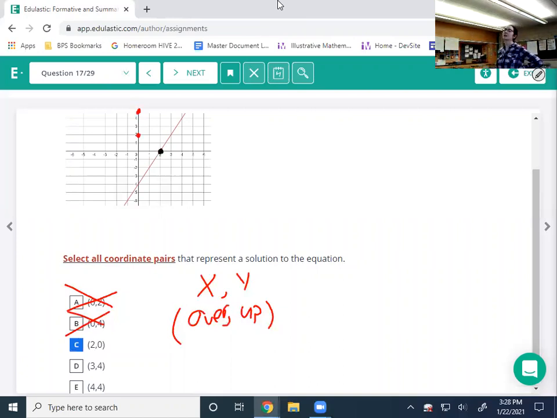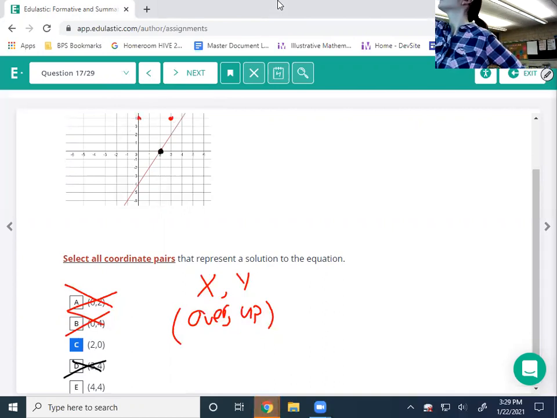Now we have (3, 4). I'm going to go over to 3, up to 4. It does not fall on our line, so it is not a solution to this equation. And then the last one, 4 would actually be here, sorry guys.